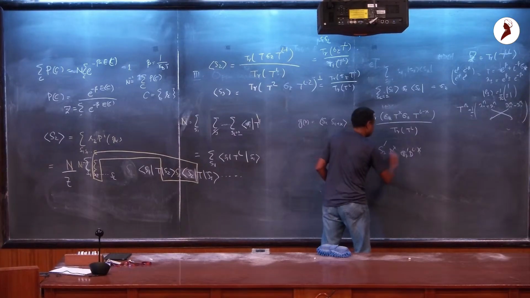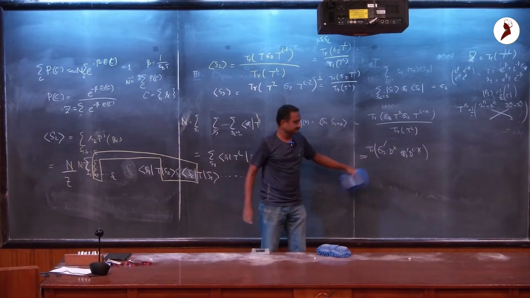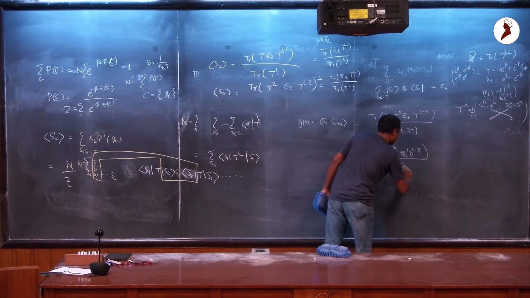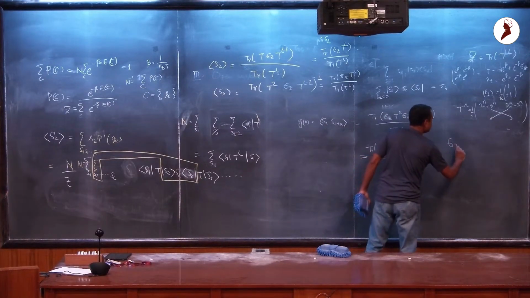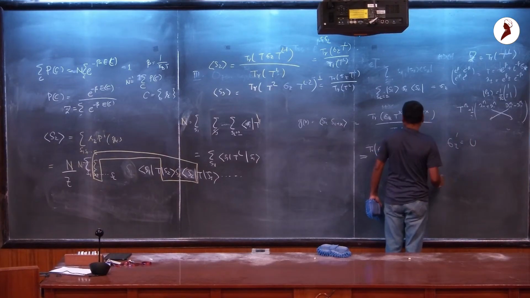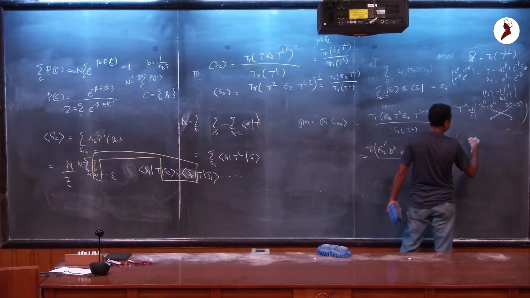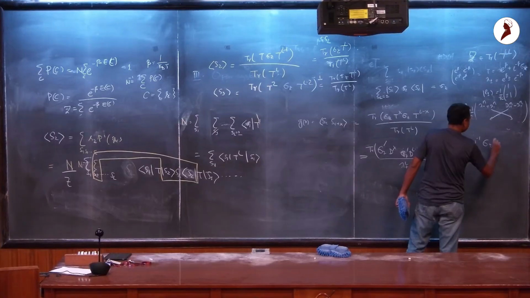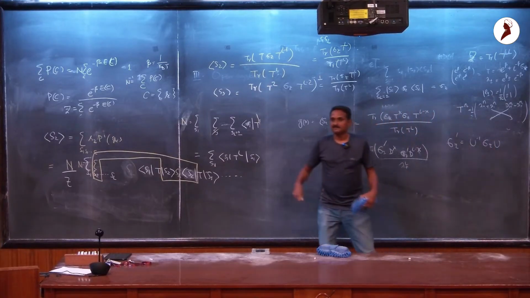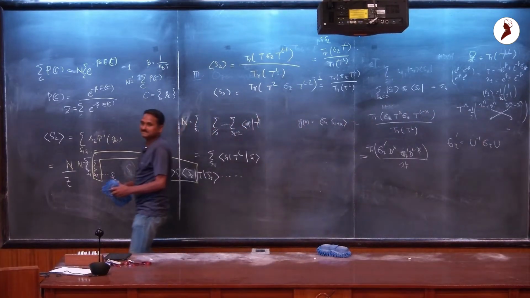Okay. Is it visible now? Divided by lambda plus to the power L. And sigma z prime equals u inverse sigma z u. That is the way the basis transformation happens on matrices. Okay.